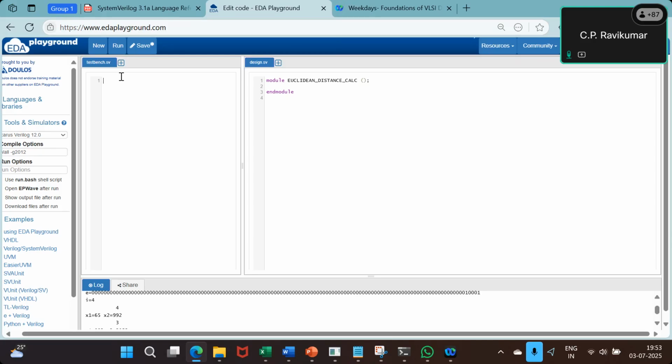We can take them to be whatever, 8-bit or 16-bit, something like that. So data for the Euclidean distance problem.